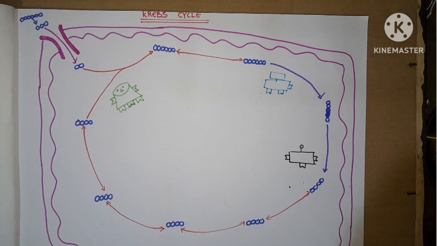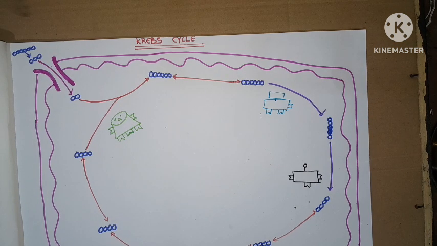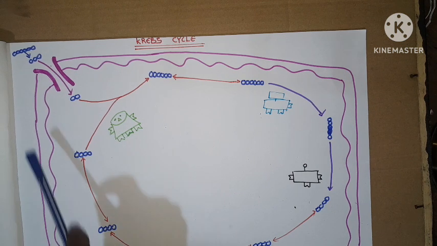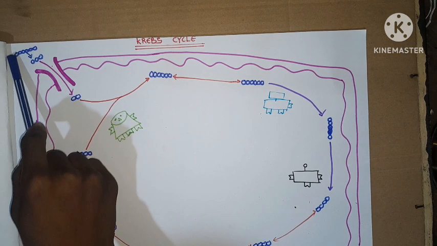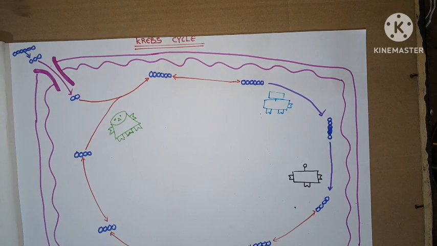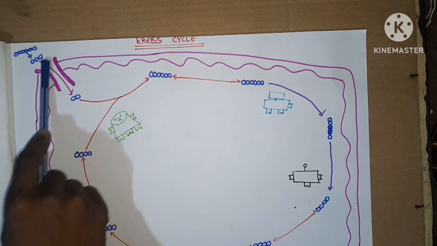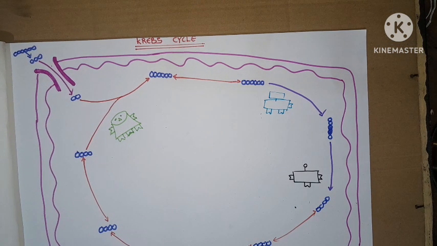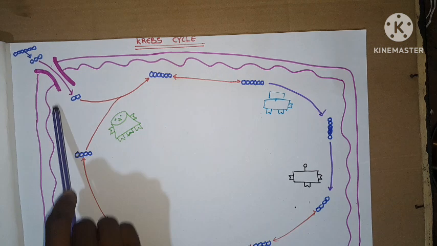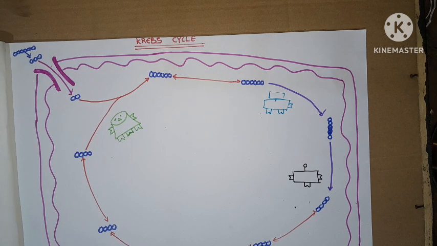So in today's video, we're going to look at what we call the Krebs cycle. So we have this 6 carbon molecule. That is our glucose molecule, and with that we were able to produce pyruvate molecules. Pyruvate is a 3 carbon molecule, and when pyruvate gets into the mitochondria, it gets converted to what we call acetyl-CoA.